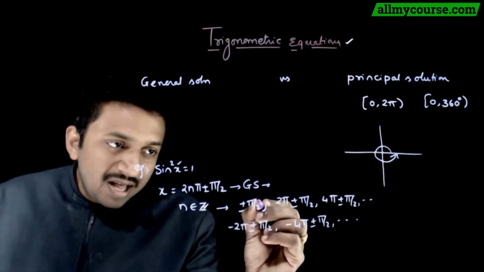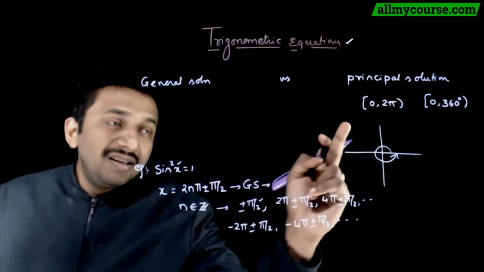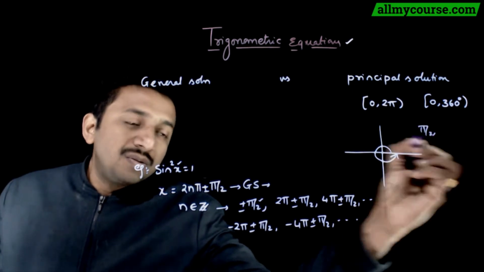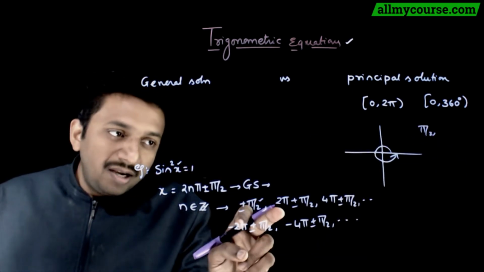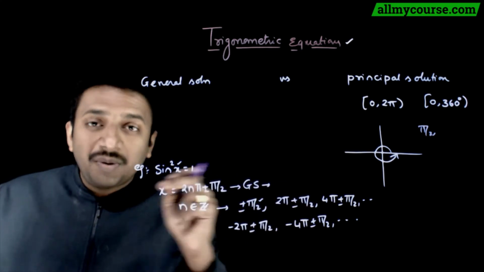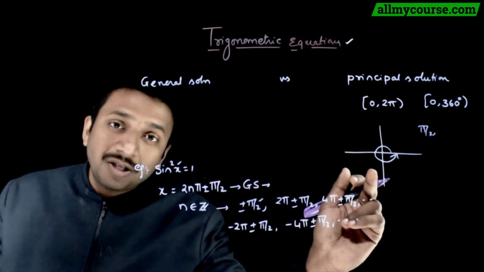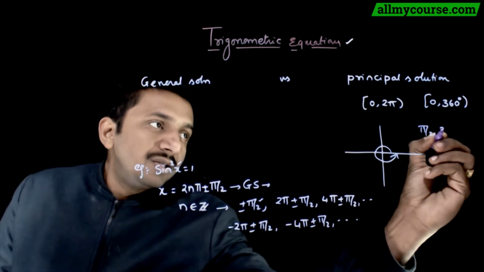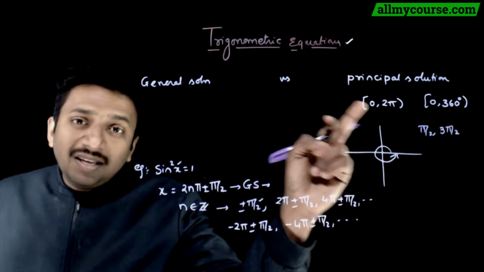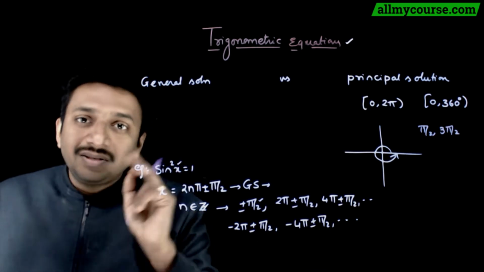So you can see that plus pi by 2 is in the first rotation, 90 degrees. So pi by 2 is one of the principal solutions, and 2 pi plus pi by 2 is more than 2 pi, I don't want that. 2 pi minus pi by 2, which is 3 pi by 2, is also in the first rotation. So pi by 2 and 3 pi by 2 are the principal solutions of this equation.